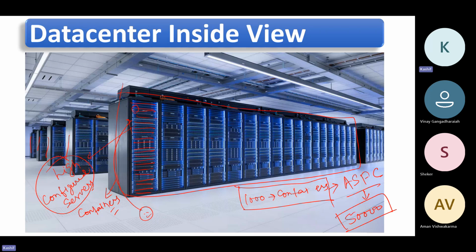And Azure services, Intune services are running on those servers. So in every data center, you have an Azure Service Fabric cluster. In that cluster, you will have thousands and thousands of containers. In those containers, you have thousands and thousands of servers. That is how the data center is designed by Microsoft.